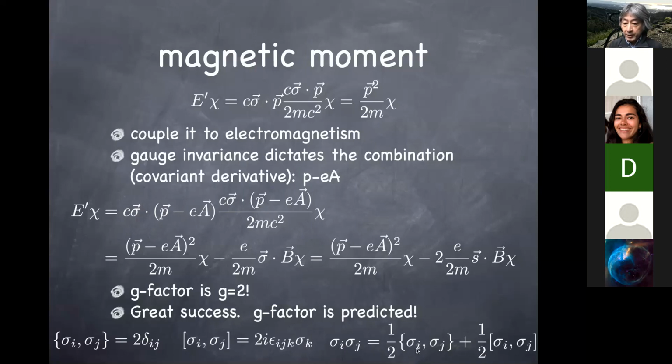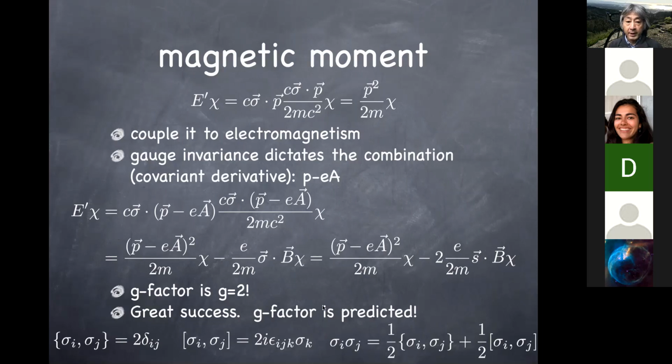Because in the anti-commutator, I have sigma_i sigma_j plus sigma_j sigma_i. In the commutator, I have sigma_i sigma_j minus sigma_j sigma_i. So the ordering of sigma_j sigma_i cancels between the anti-commutator and the commutator. But the first ordering, sigma_i sigma_j, would add up with two halves to 1.